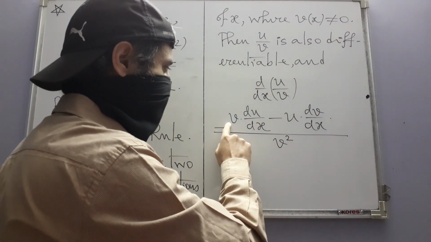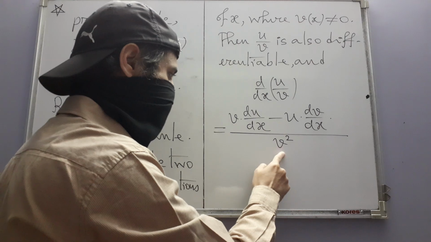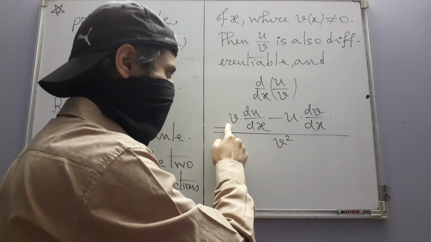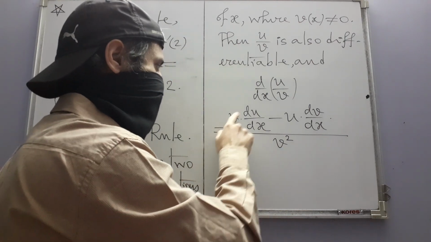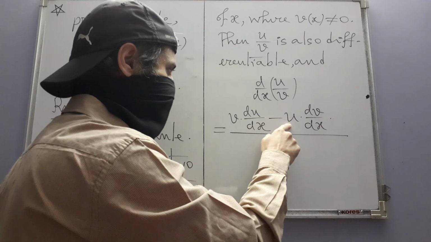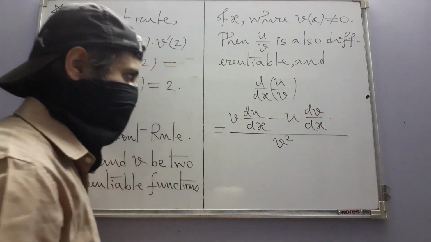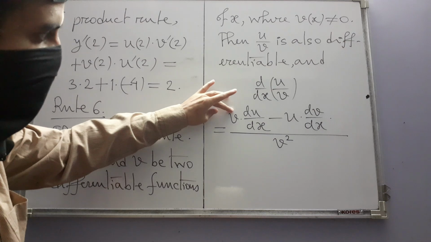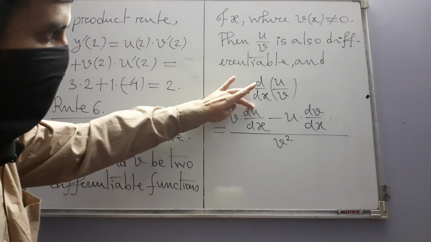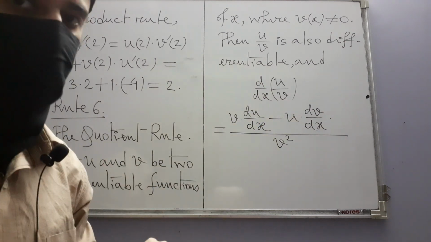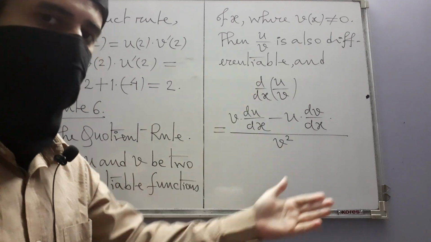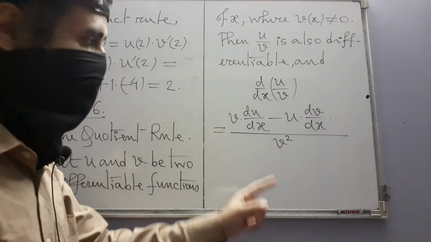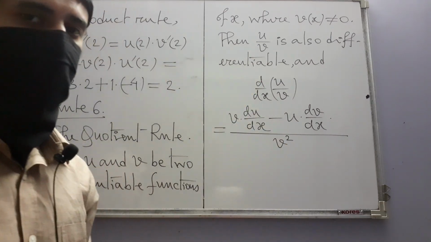And then you write v first, the denominator doesn't change here, times the derivative of u minus u times the derivative of v. Now, once you write this term, where v is intact and you are differentiating u, the other term you know what to do. Then you keep u intact and differentiate v, but there is a minus in between.